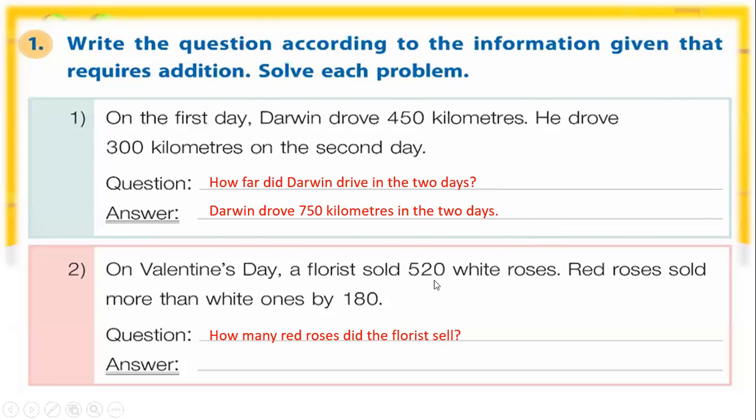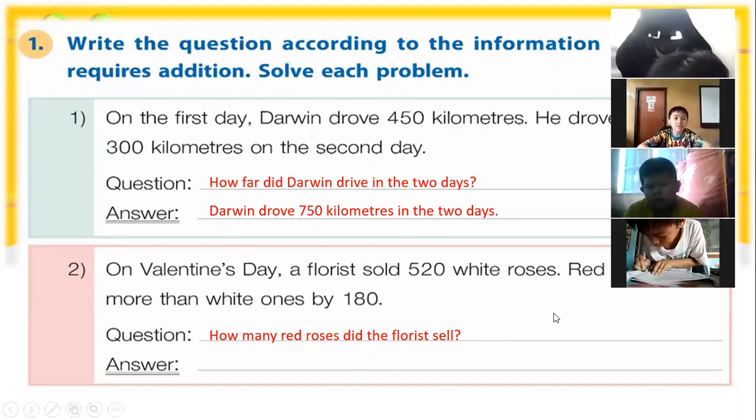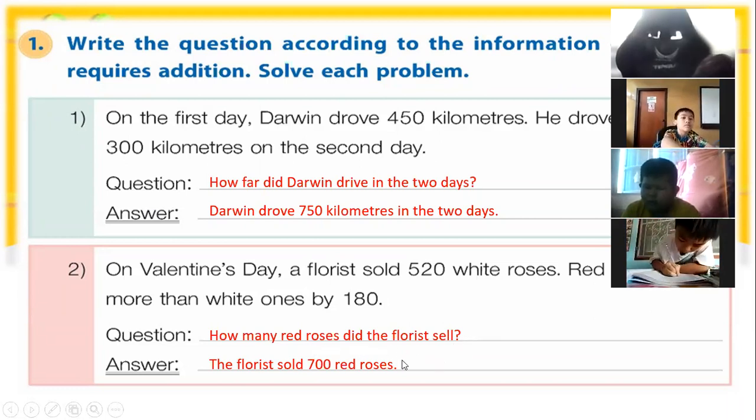So what are we going to do? We will do addition: 520 and 180. It will become how much, students? 520 and 180 is 700. Exactly. So the question we made is: how many red roses did the florist sell?